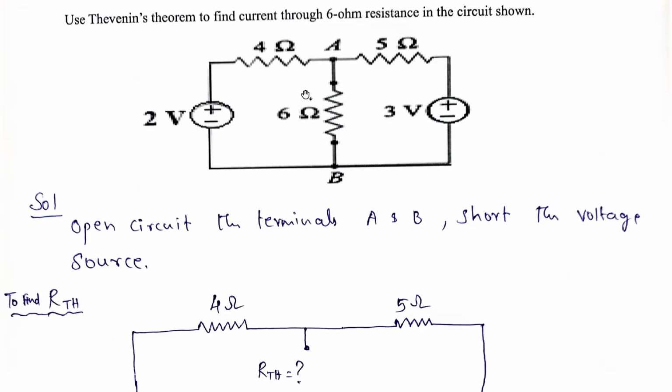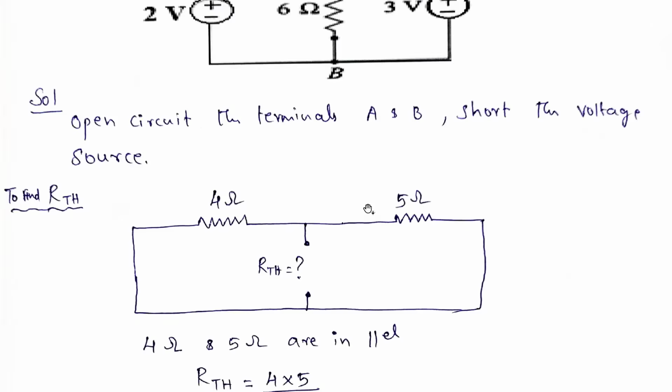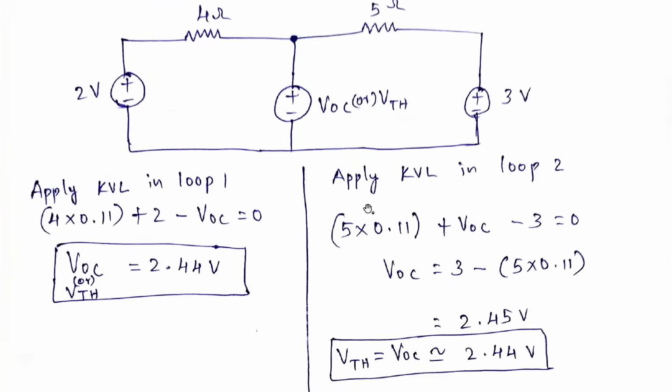For VTH, first we calculated the current. After that, using KVL, we calculated the voltage, that is VTH. From that VTH, RTH and also the load resistance, we calculated the current flowing in the particular circuit.